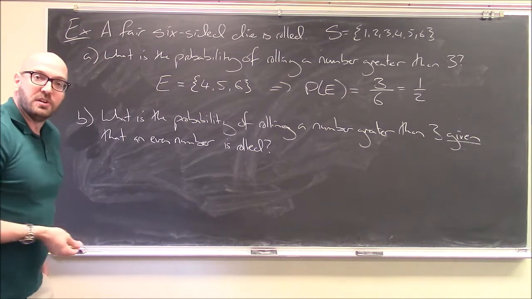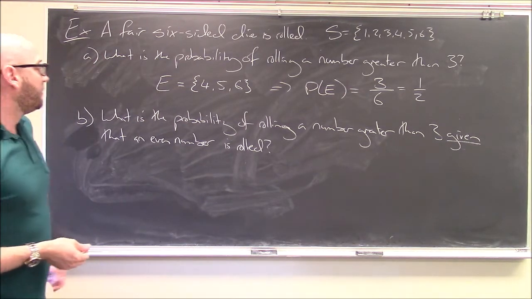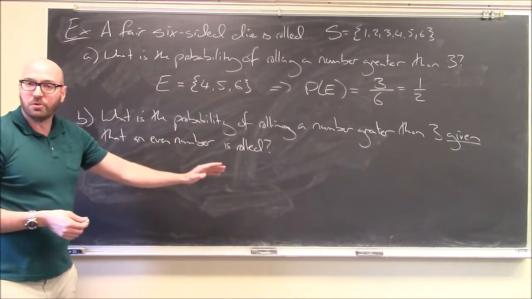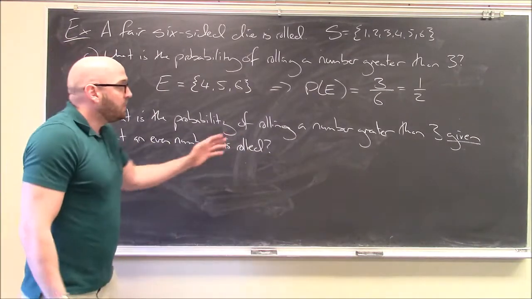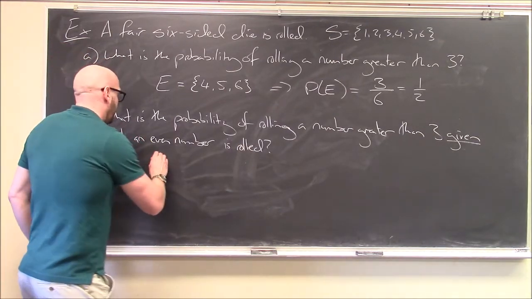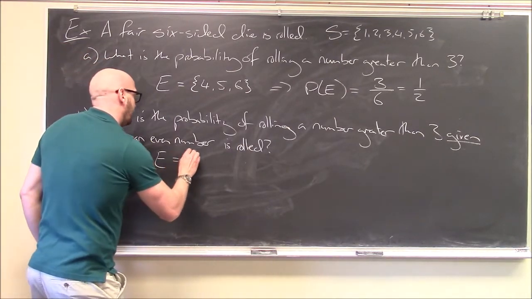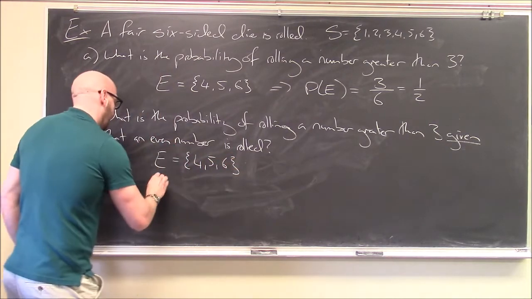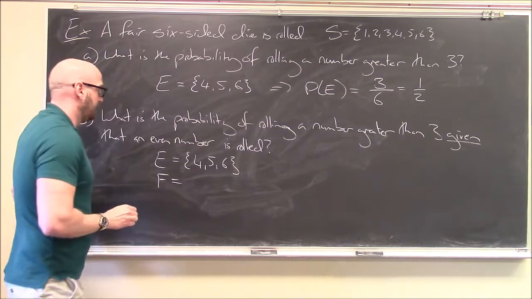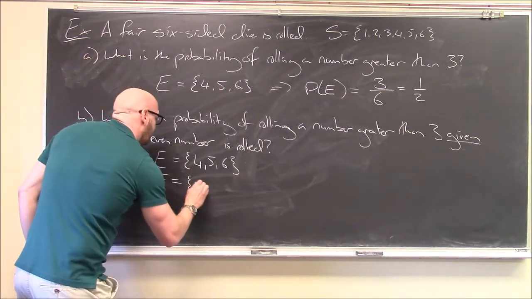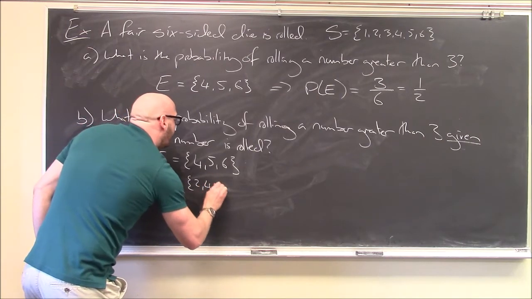But now let's get into a conditional question. What's the probability of rolling a number greater than 3, given that an even number is also rolled? Wouldn't be too hard to think about this intuitively, but I want to formally use our formula. So we've got event E again. E is 4, 5, and 6. But let's call event F the event that we know already happens, an even number is rolled. So F is 2, 4, or 6.